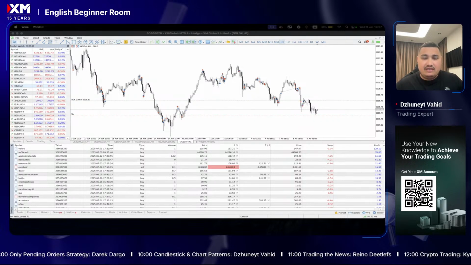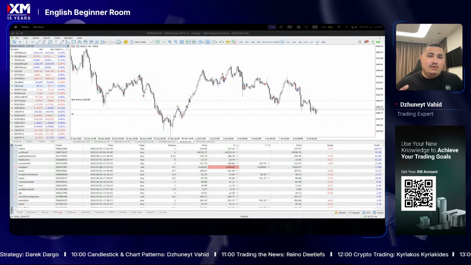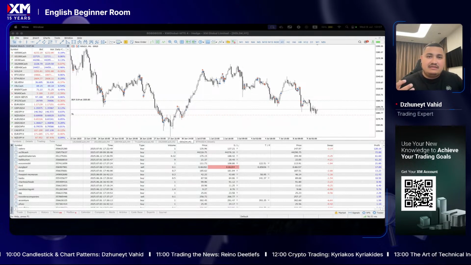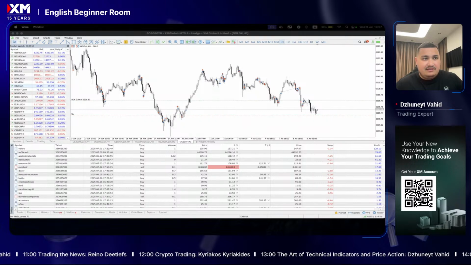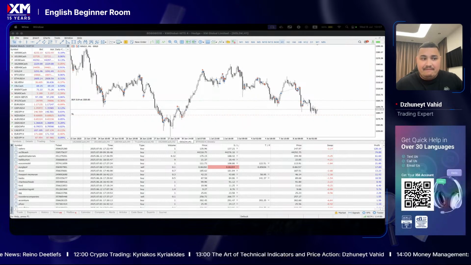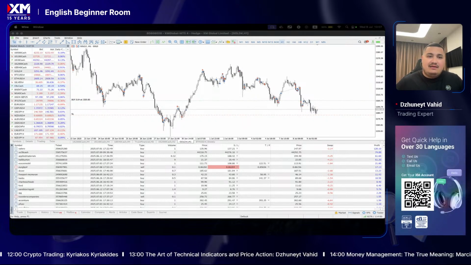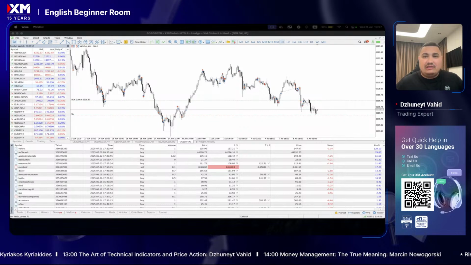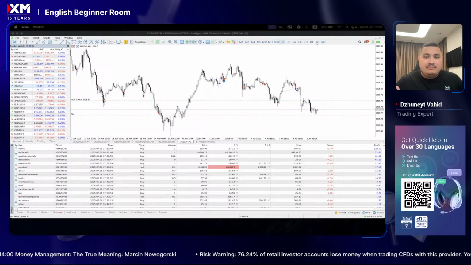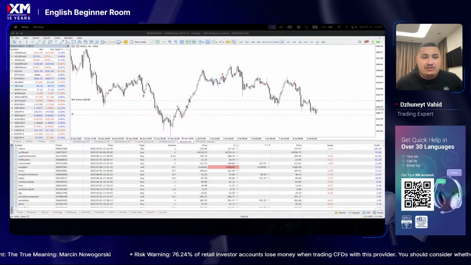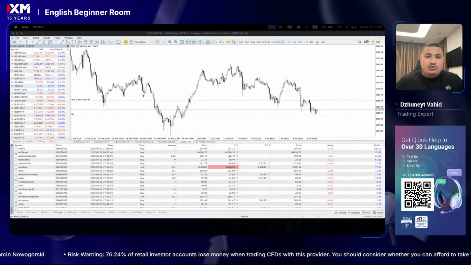Which instruments are you trading? Do you trade chart patterns, candlesticks? Do you enjoy trading chart patterns and candlesticks? It's very interesting if you like them. There are traders who cannot recognize chart patterns so easily on the charts, and they don't enjoy trading them so much. Some traders don't like candlestick formations, so they use breakouts only.